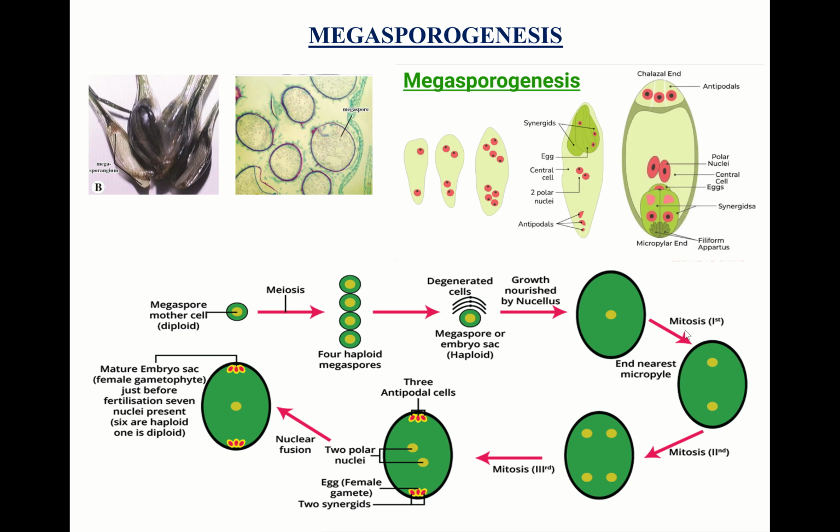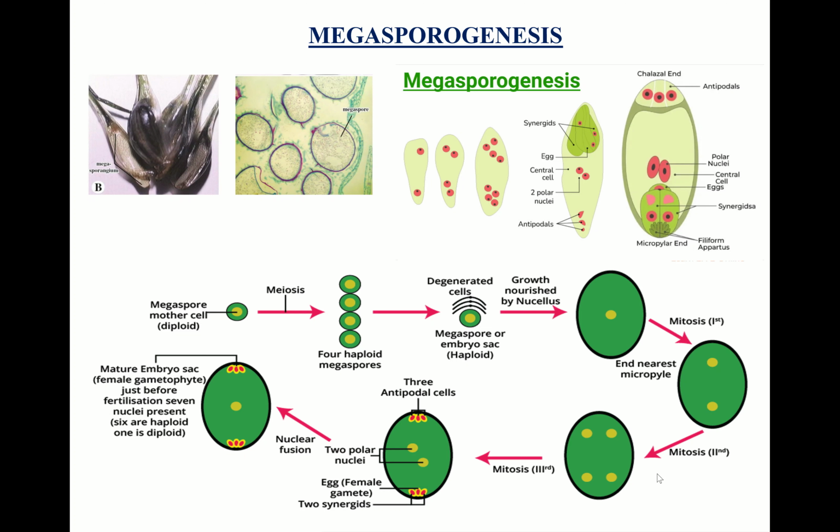It undergoes mitosis 1, 2, and 3 divisions, wherein the megaspore nucleus gets doubled. Here you can see there are 4 nuclei. Sorry, not tetrads. This is a functional megaspore.